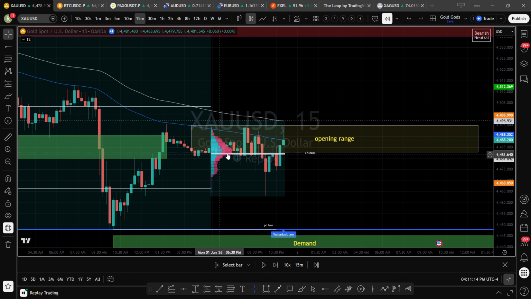Right here. So again, the session volume indicator is showing us that whatever is going to happen, it's going to happen right here at this line. This is where we want to put our trades in. Whether it's going up or down, we want our trade to be here.